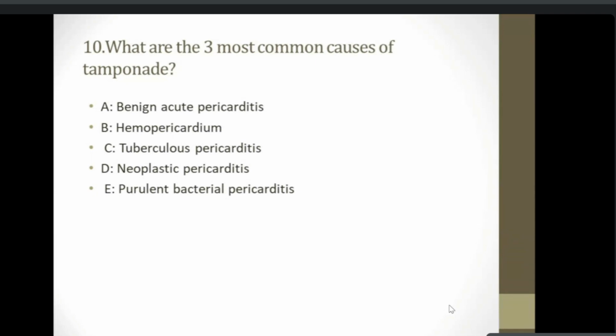So the correct answer of this question is A, B, and D. The benign acute pericarditis, hemopericardium, and neoplastic pericarditis. Remember it. These are the 3 most common causes of tamponade.